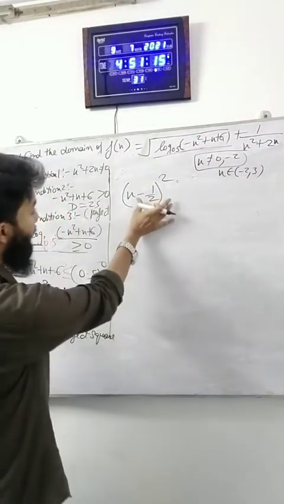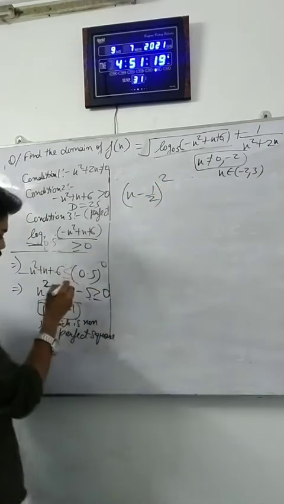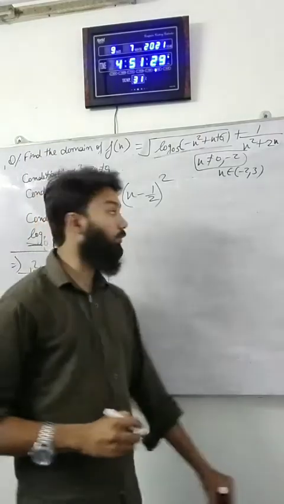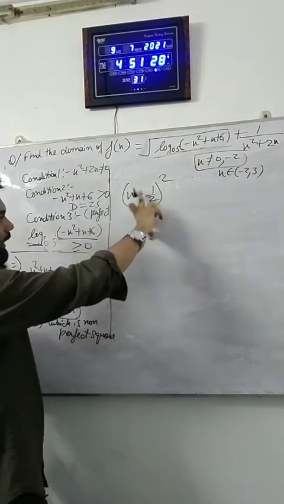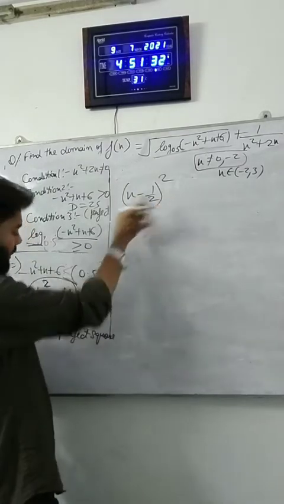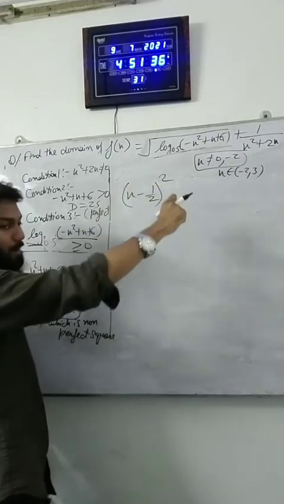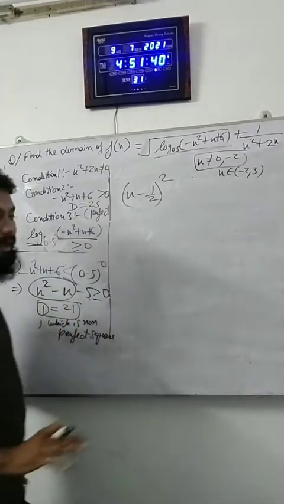Why? Because when you expand this x minus 1 by 2 whole raised to the power 2, you will be getting these two terms. If you use the identity (a minus b) whole raised to the power 2, you will get a square, which means x square, minus 2ab, which means minus x, because minus 2 into x into 1 by 2, the 2 and 2 will cancel out, and you will be getting minus x.